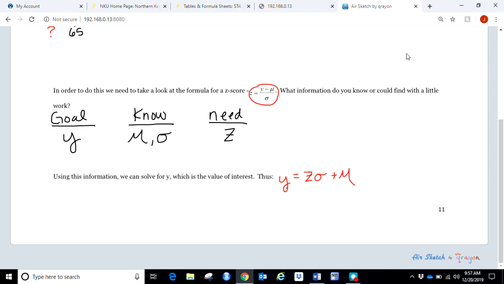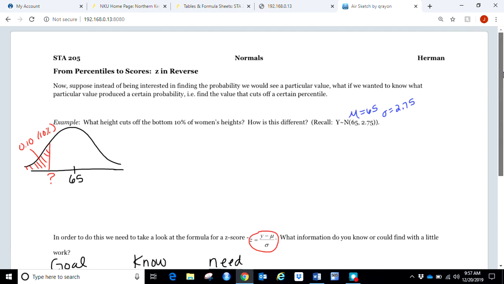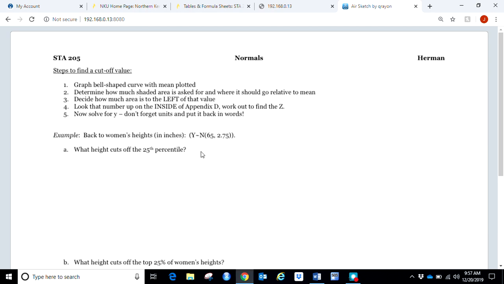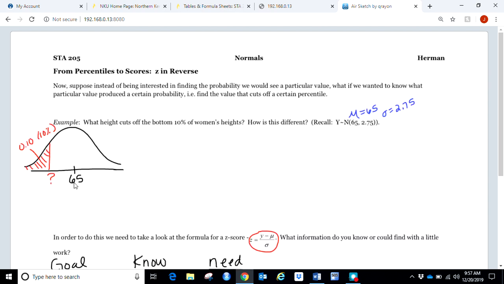So at the top of the next page, I have some sort of steps again with how to calculate cutoff values instead. So we're going to go through this for our original example. So we want to graph the bell-shaped curve and put the mean on there. We already did that when I drew my black curve.